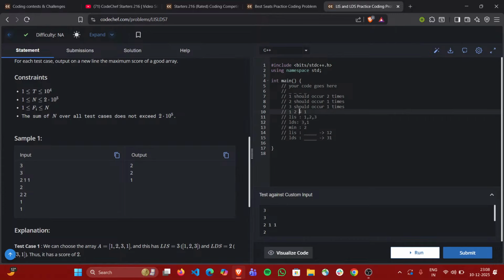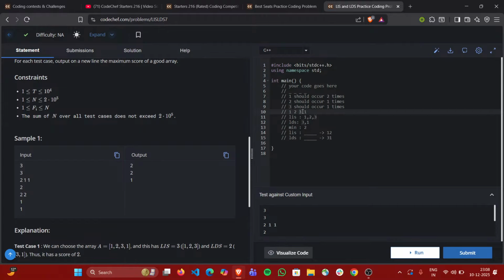Why is that? Because 3 is at the meeting point of the LIS and LDS. Can the LIS and LDS meet at multiple points? No, they can only meet at one point, as is clearly visible in this example.